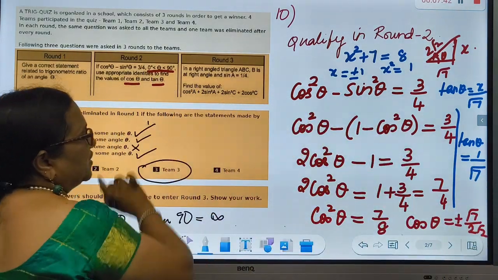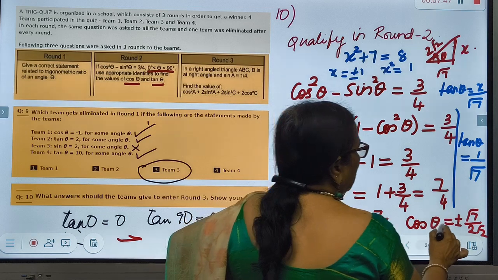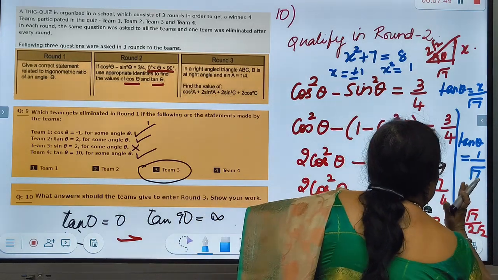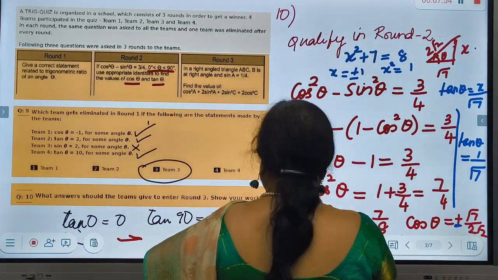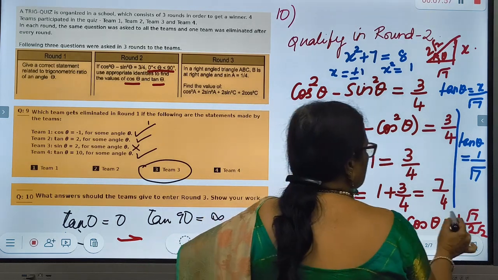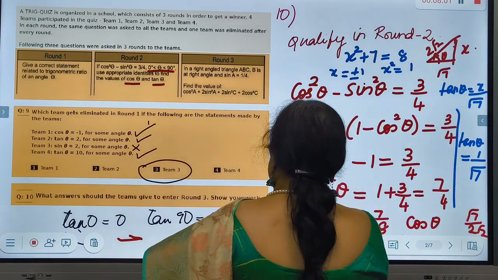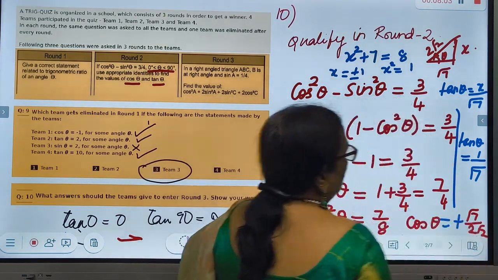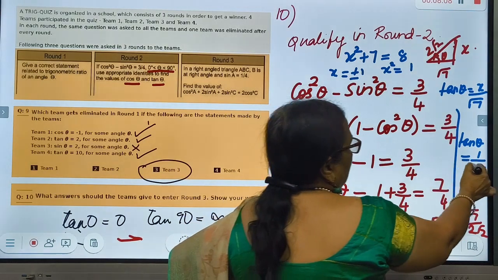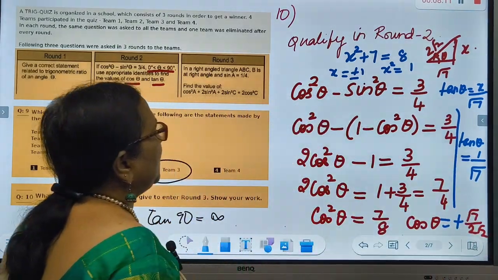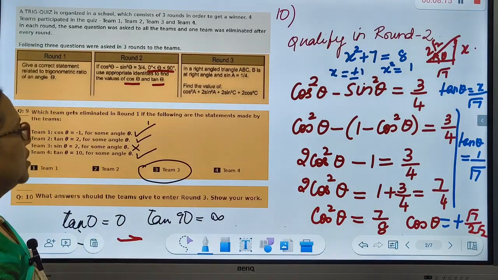Since it is given everything is in the first quadrant, I am taking only the positive value, because in the first quadrant cos is positive. So, cos theta is plus root 7 by 2 root 2 and tan theta is 1 by root 7. Only if they get these two values correctly, they will go to the next round.